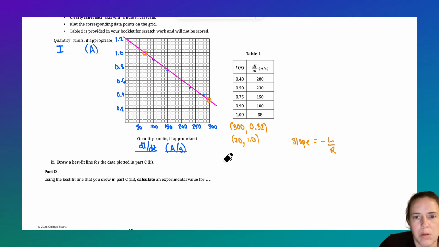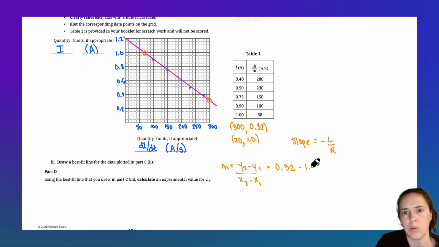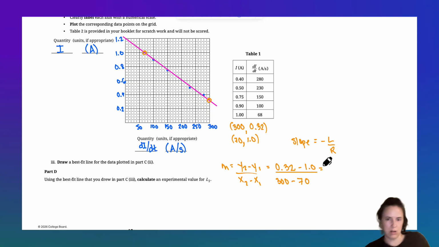So we're going to find our slope using our good old y2 minus y1 over x2 minus x1. Boom, boom, boom. So 0.32 minus 1.0 over 300 minus 70. I don't have my calculator.